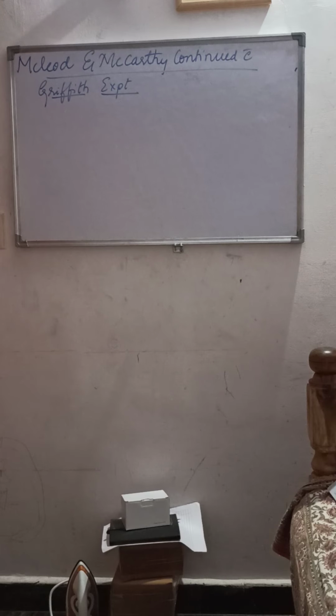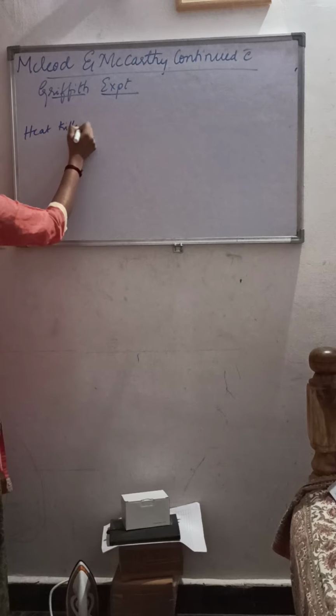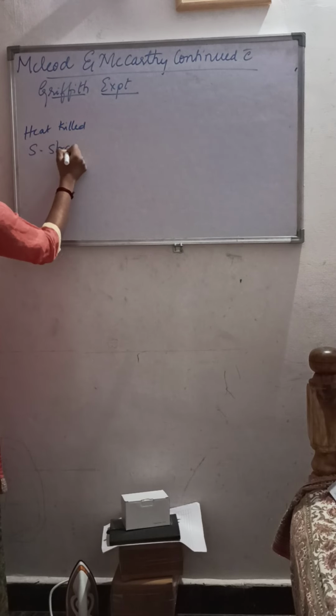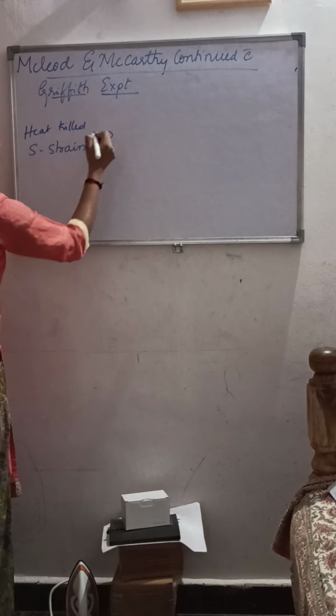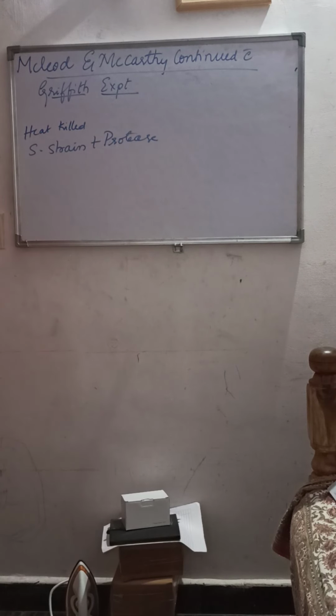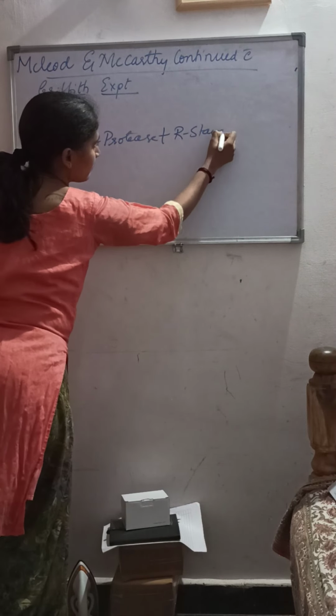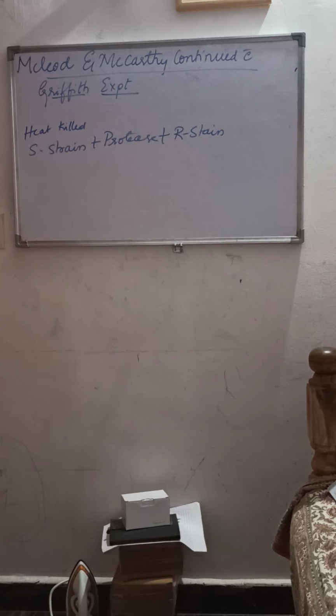So to the heat killed S strain, they added the enzyme called protease, that is heat killed S strain plus protease plus live R strain. And there was a transformation.